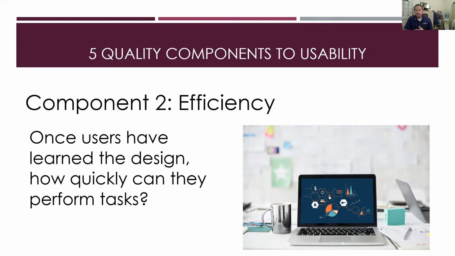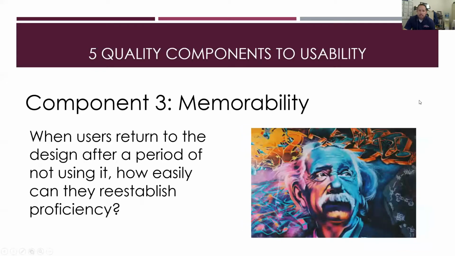For example, with the storm page we built, where people could report on different storms, how easy do we make that to do? Because if we want that information, we need to make it easier for somebody to be able to do that. The next component to talk about is memorability.